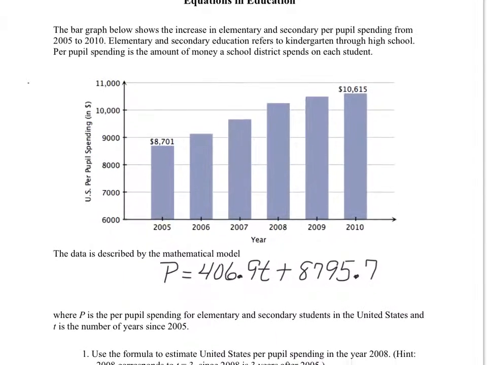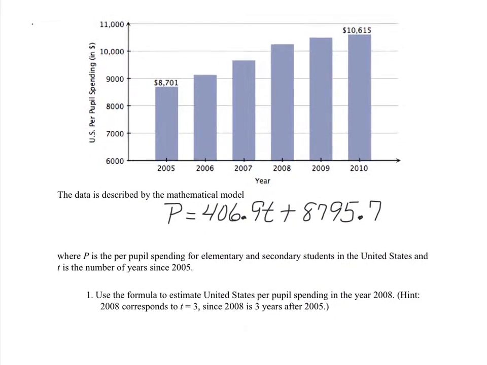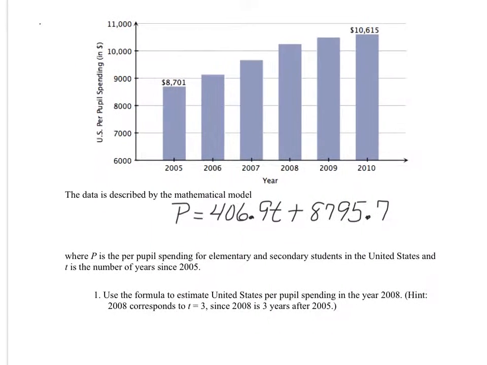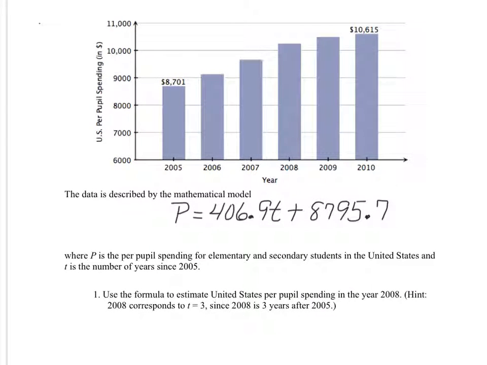Okay, the data is described by the mathematical model P equals 406.9t plus 8,795.7, where P is the per pupil spending for elementary and secondary students in the United States, and T is the number of years since 2005.